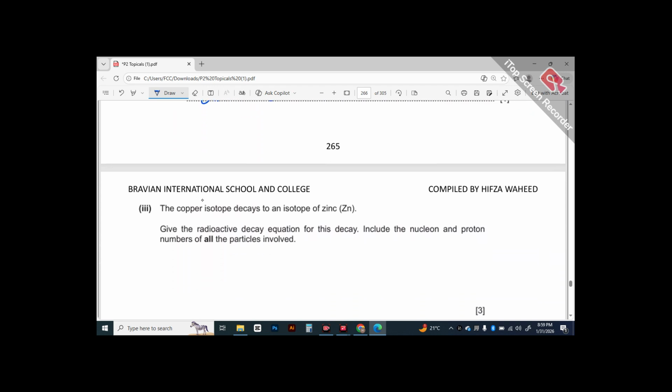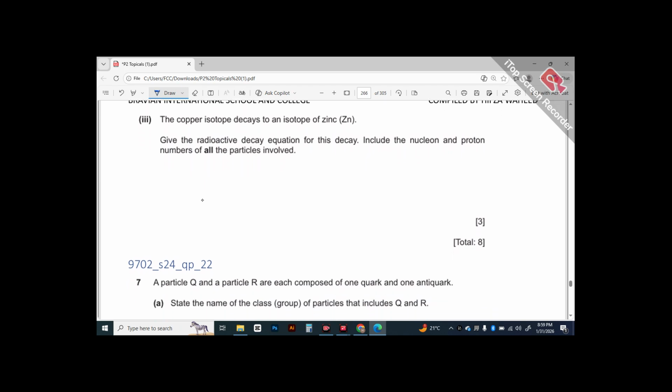Then they are saying that the copper isotope decays to an isotope of zinc. Give the radioactive decay equation for this decay and include the nucleon and proton numbers of all the particles. What we had was copper decaying into zinc with the emission of beta negative, and in order to compensate for the energy we had the antineutrino.